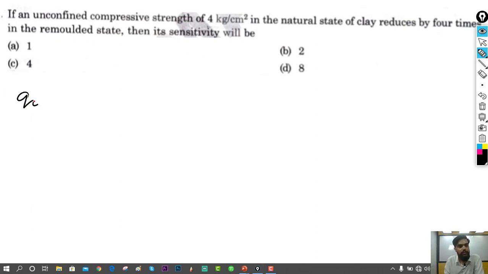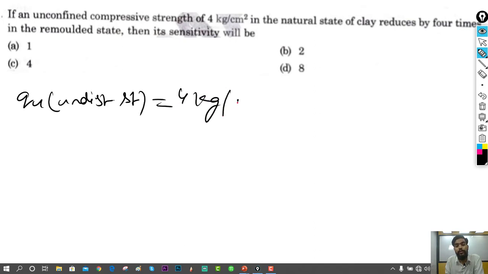We are given Qu, the undisturbed strength of the soil sample, which is 4 kilogram per centimeter square. And the natural state of clay means the undisturbed strength, so we need the remolded strength of clay.